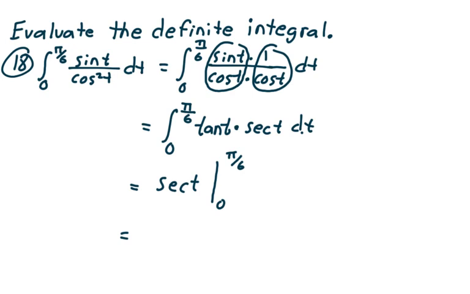Now, I'm going to replace t with pi over 6, and so I get secant of pi over 6. And then I'm going to replace t with 0 and get secant of 0. So I'm applying the fundamental theorem of calculus, right? Now, secant of pi over 6 is 1 over cosine of pi over 6.